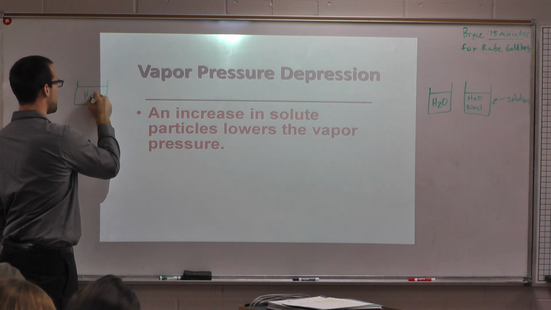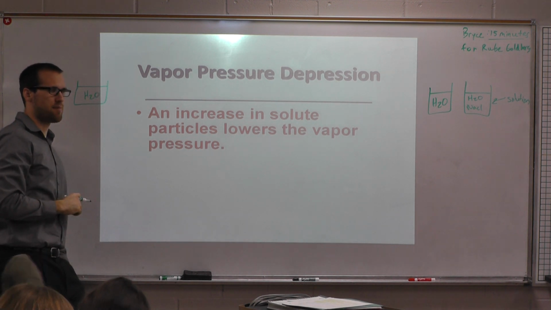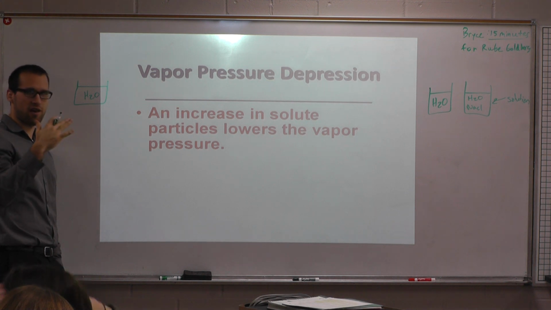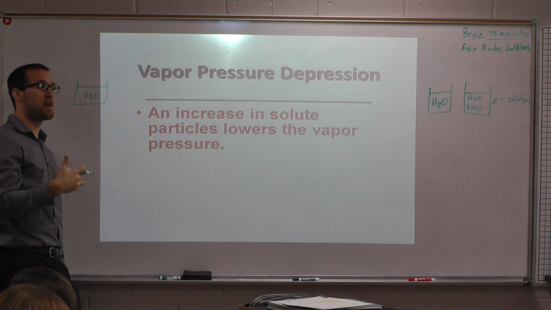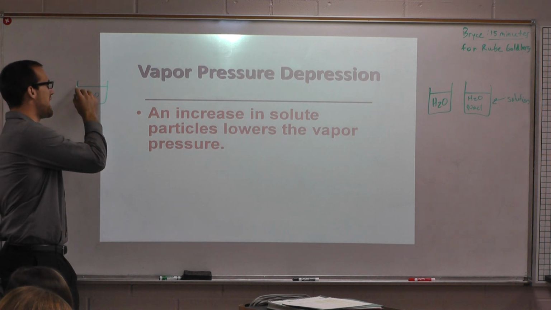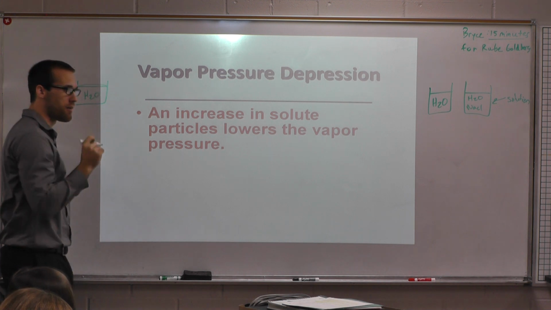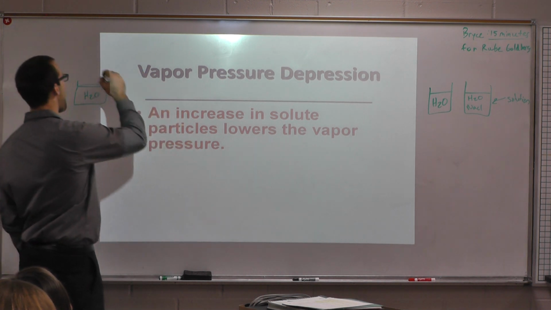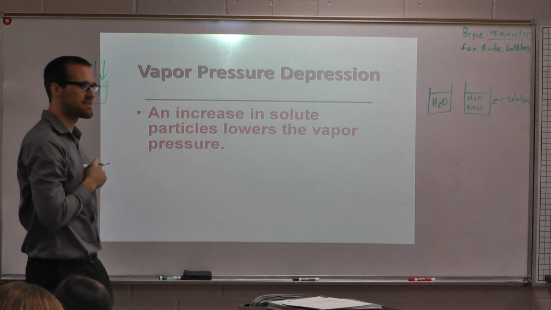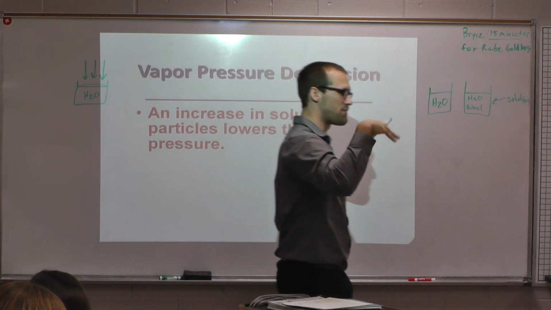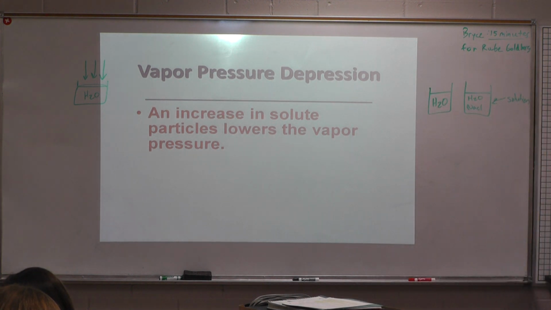If I have pure H2O here, at a given temperature, we can have a certain amount of evaporation that occurs, right? When it starts to evaporate, what you create is this theoretical bubble. Because you have atmospheric pressure applying pressure, keeping the gas from escaping, you create this theoretical evaporation bubble.